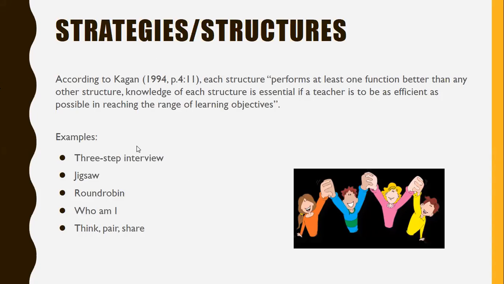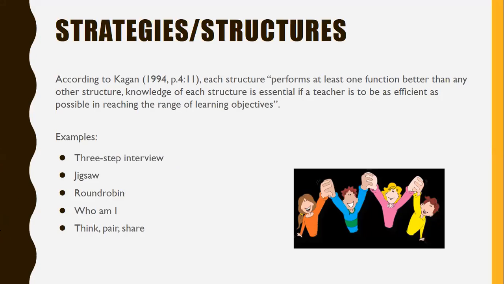So we have the three-step interview. This is an activity that you can develop in groups of 4 or 6 students, and it consists of giving students questions or a topic to discuss. The first step is thinking about the answer to the question or the topic the student is going to discuss.